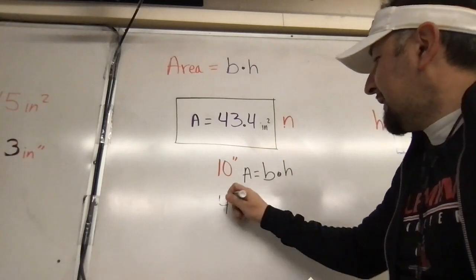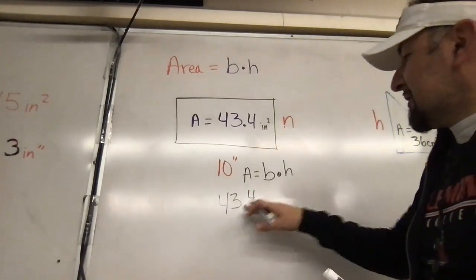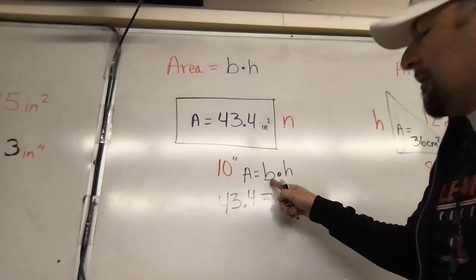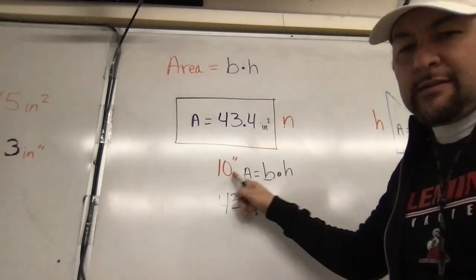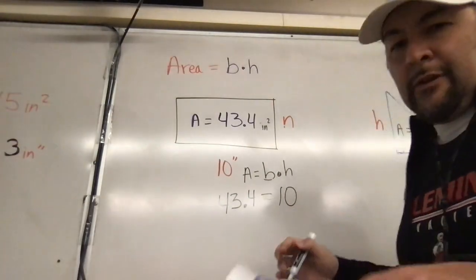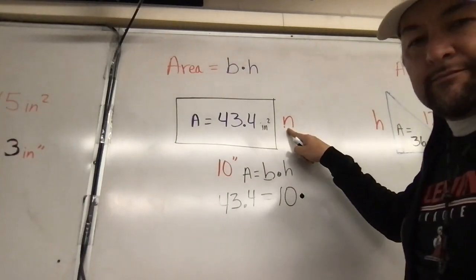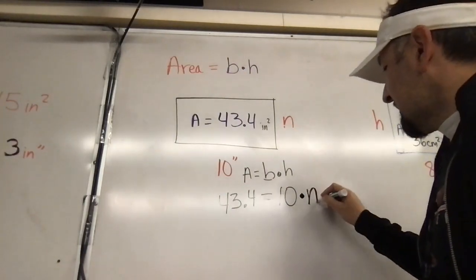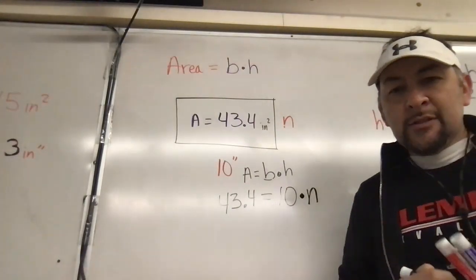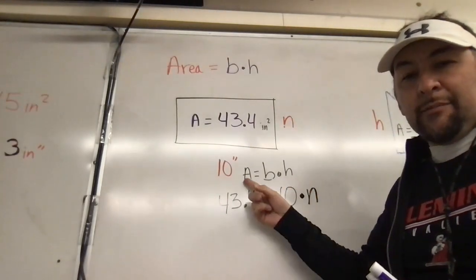So you would fill that in, 43.4 inches squared. We can just put the numbers right now. Do you know the base? Yes. So we're going to fill that in. We know that it's base times height. Do we know the height? No, that's the number missing. So we'll do that, okay? So start with the formula and then plug in the numbers that they give you.